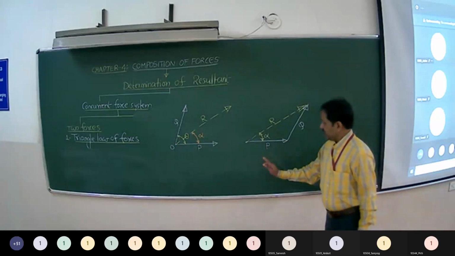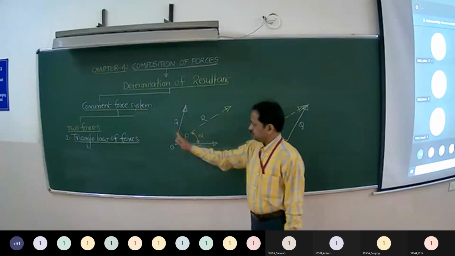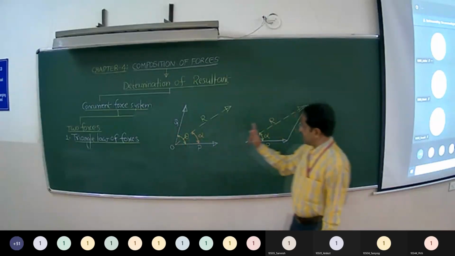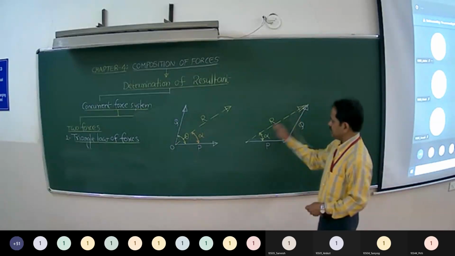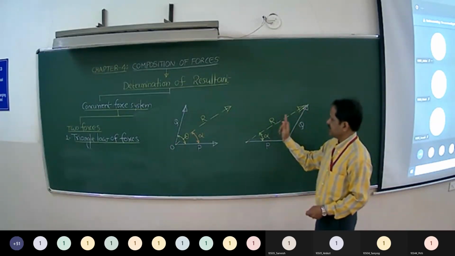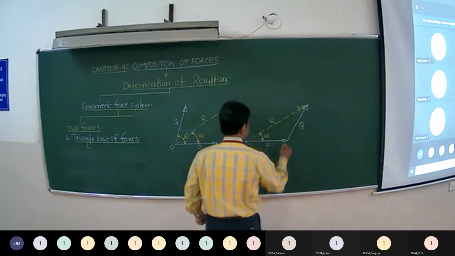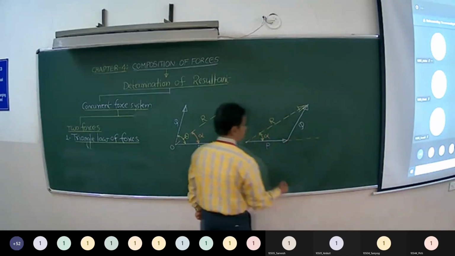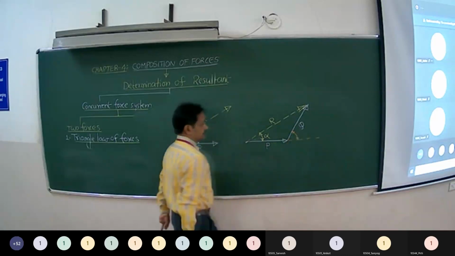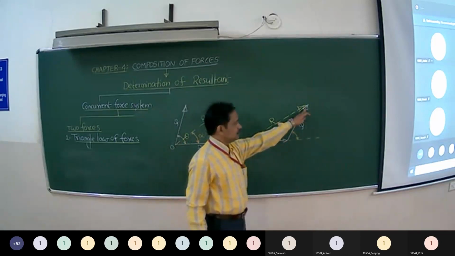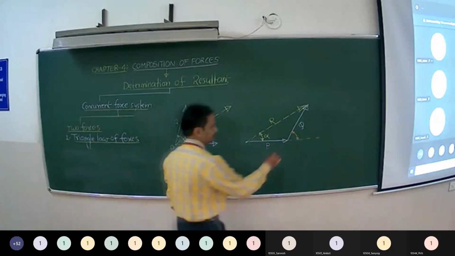Now, knowing the magnitudes of forces P and Q and the angle between them, either by using the cosine rule or the sine rule for this triangle, you can find out the magnitude and the direction of the resultant force. How much is this angle? The angle made by Q with respect to P is theta.